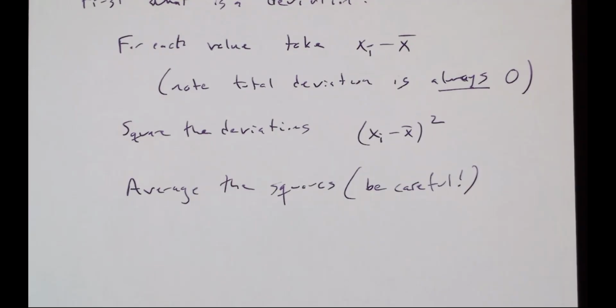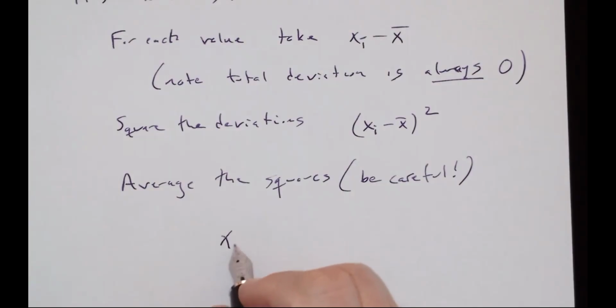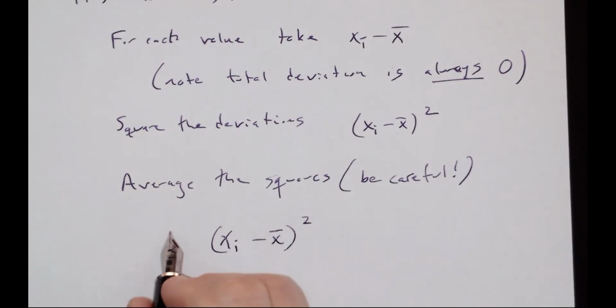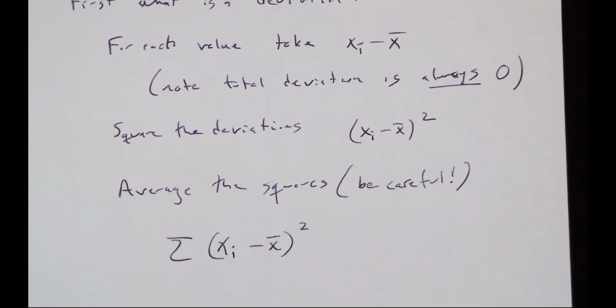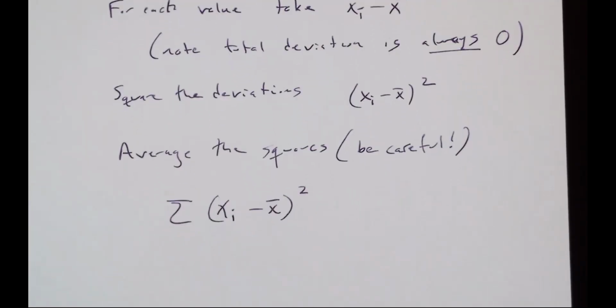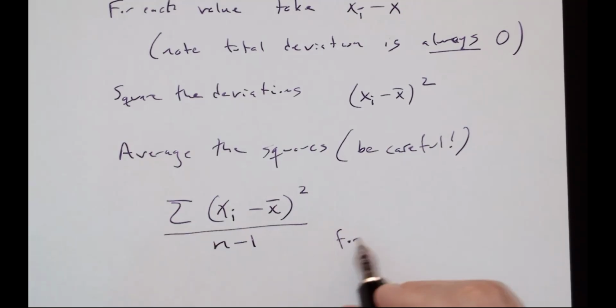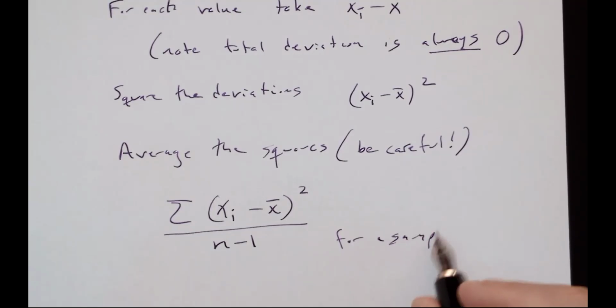So I'm going to take all of these deviations squared, and I'm going to add them all up. But instead of dividing by n, I'm going to divide by n minus 1 for a sample.